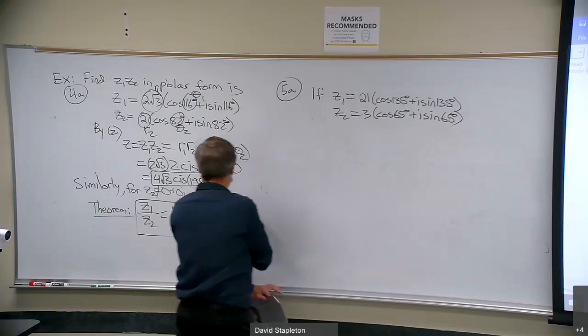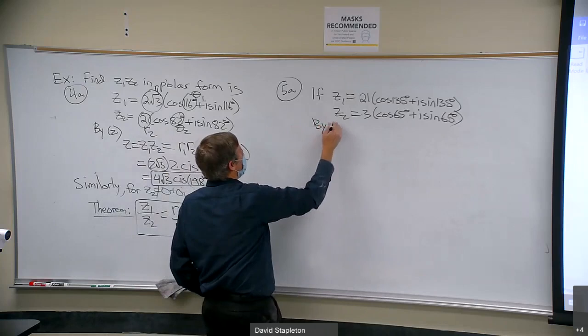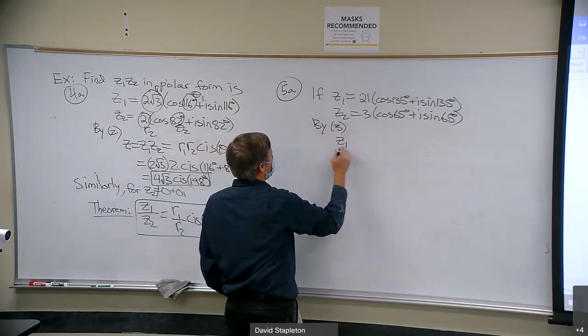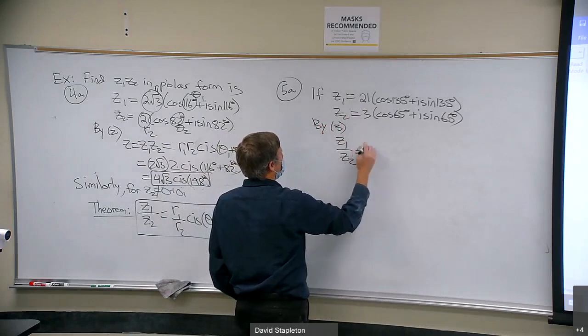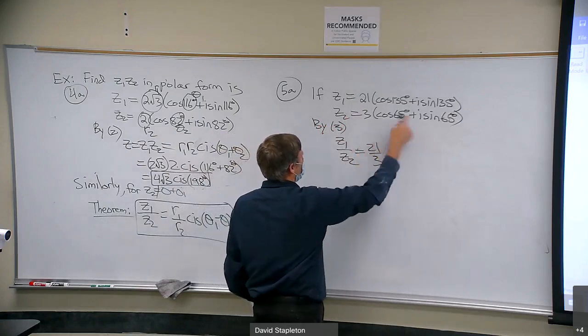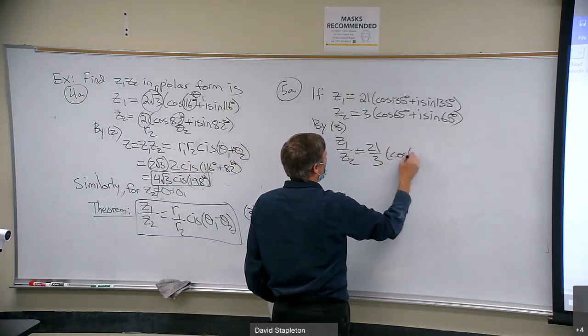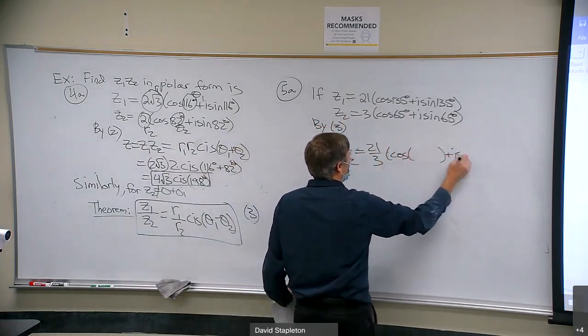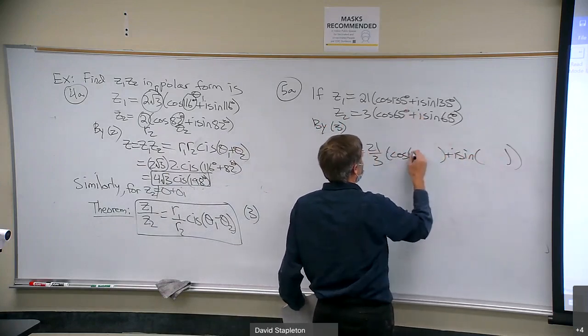We'll call this equation 3. If you want to divide one by the other, you just divide the r's, you get 21 over 3, and you subtract the angles. Cosine plus i sine of the difference, 135 minus 65.